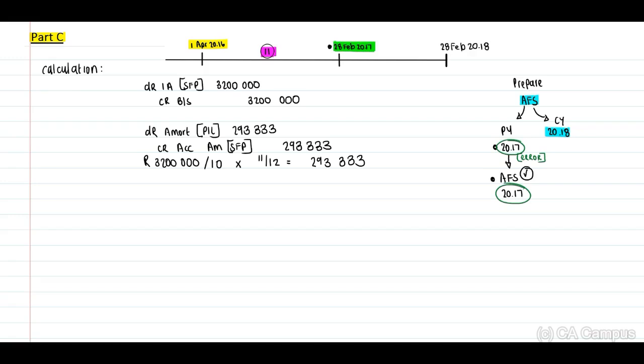Then you will remember that they've indicated to us in the tax calculation that they have included this 293,333 amount as a deduction. Okay, so guys, now you need to think about this one with me. When you look at this, they've indicated to us that our accounting profit or loss includes the 293,333 amount. However, SARS does not allow this. Therefore, we had to add this back. But remember, we are still busy looking at what actually happened.